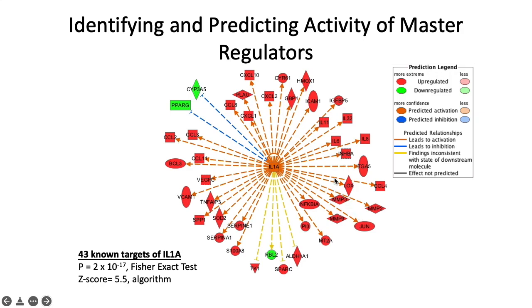The only genes that aren't following this upregulated interleukin 1A are these 4, right? And this is like 5.5 standard deviations away from what we would think is random. Basically, not only do I know interleukin 1A is there, but I also know if it's more active or inhibited, right? In this case, it's more active.